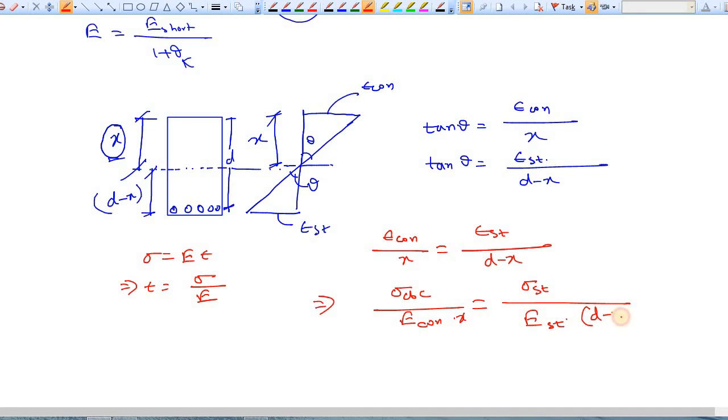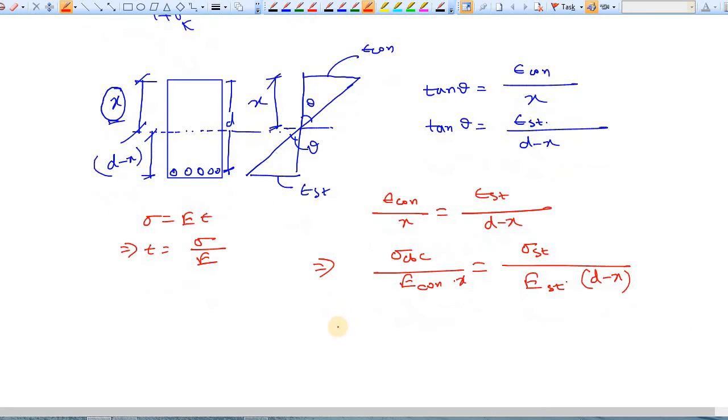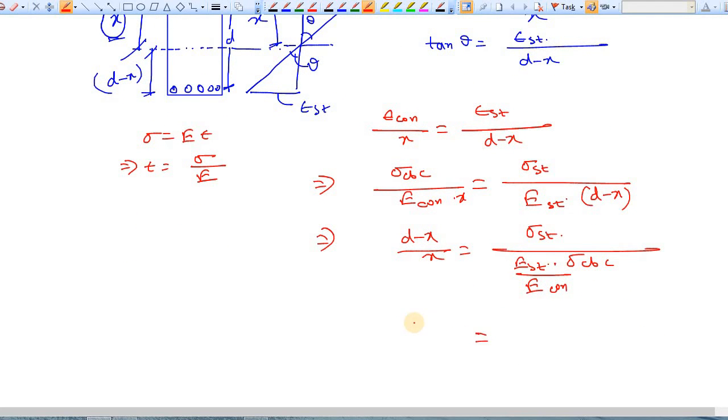Okay, d minus x remains, and from this equation we can calculate d minus x by x, which is equal to sigma ST divided by EST times sigma CBC divided by E of concrete, which gives you d by x minus 1 is equal to sigma ST divided by, this is nothing but modular ratio, that is m times sigma CBC.